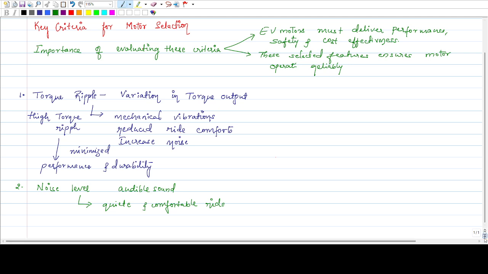The next major technical criterion we speak of is efficiency. I don't have to define what efficiency is; we all know what we mean by it. It is how much useful power we get as output for a given input. When you have high efficiency, it straight away signifies better battery usage.